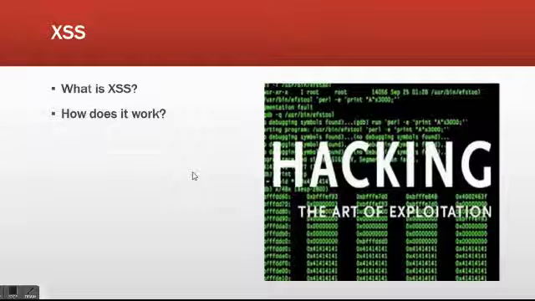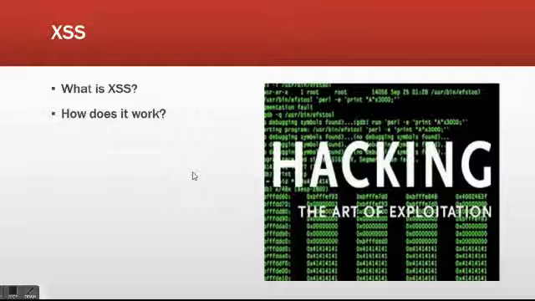Now, XSS, or cross-site scripting, is what it stands for. It is an attack that involves a number of different things.